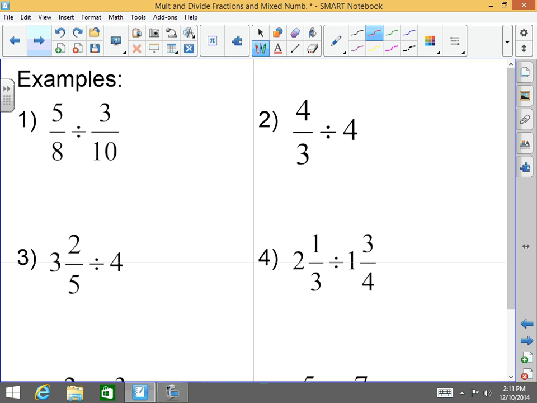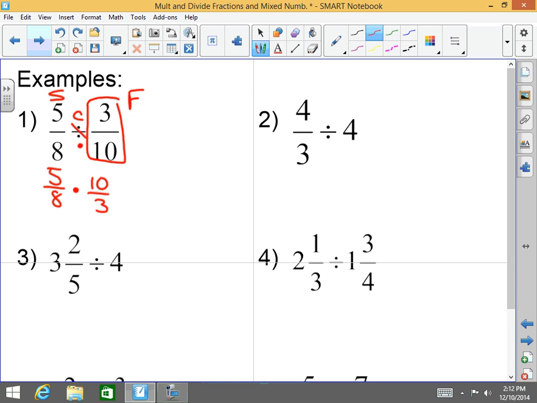But you do gotta stay, change, flip. First fraction stays. Division changes to multiplication. Second fraction flips.